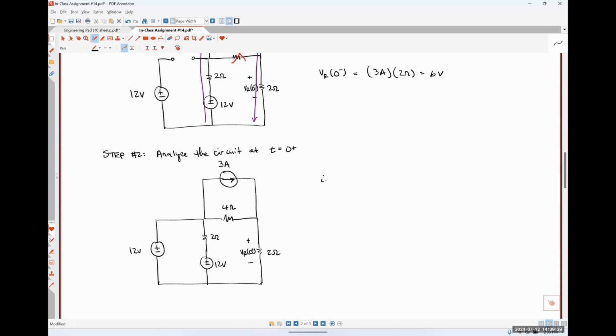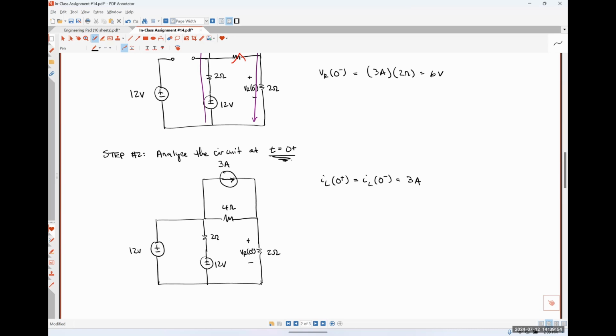Just to reiterate, the current flowing through an inductor cannot change abruptly. So whatever current was flowing at 0 minus has to be flowing at 0 plus, which is 3 amps. And that's what allows us to treat the inductor like a current source at this particular instant in time.